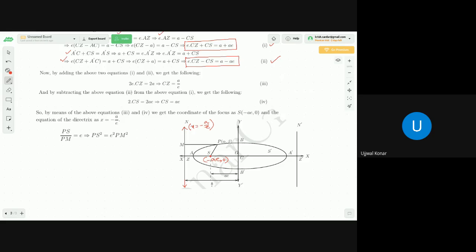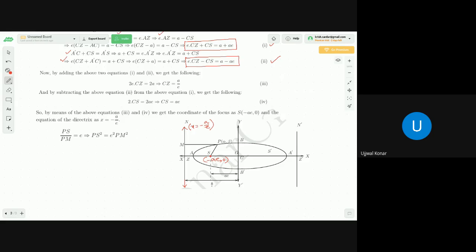Now we know the coordinate of the point S, we know the coordinate of the point P, so it is not a big deal to find the value of PS, in fact PS square. And we know the coordinate of the point P, and we know the equation of the directrix, that straight line, so it is not a big deal to find the perpendicular distance from the point P to the straight line.